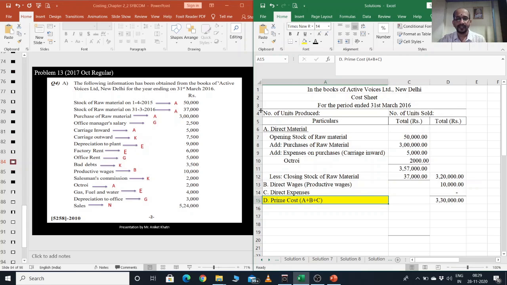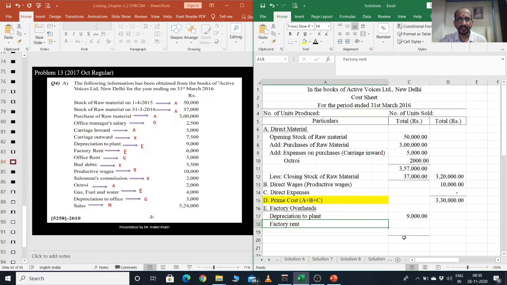Okay, now next, as per our format, it is factory overheads, right? Now you need to see the items in this particular problem, so you go serially. First is depreciation on plant, the figure is 9,000. Next is factory rent. What is the figure?